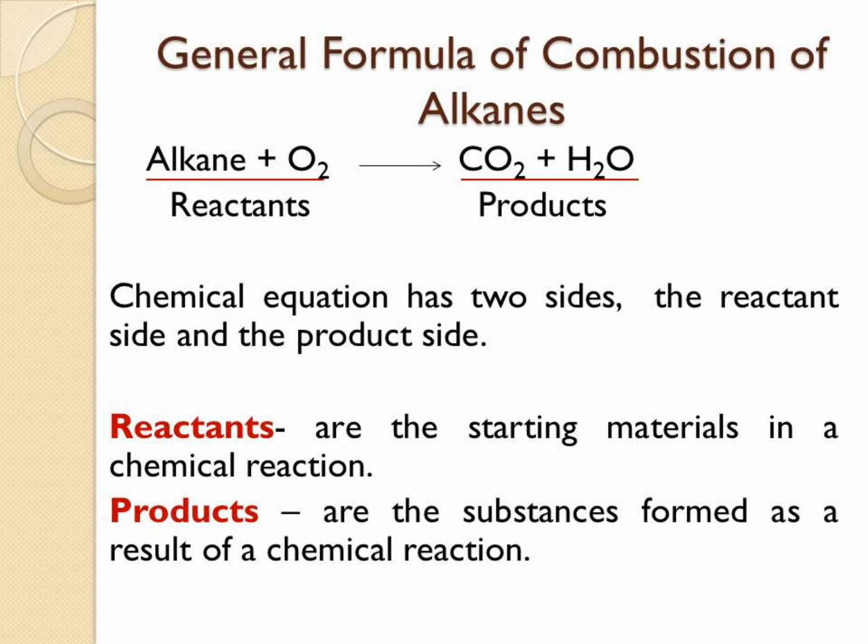The reactants are the starting materials in a chemical reaction. These are the chemical substances that react or combine together. While the products are the substances formed as a result of the chemical reaction between the reactants.